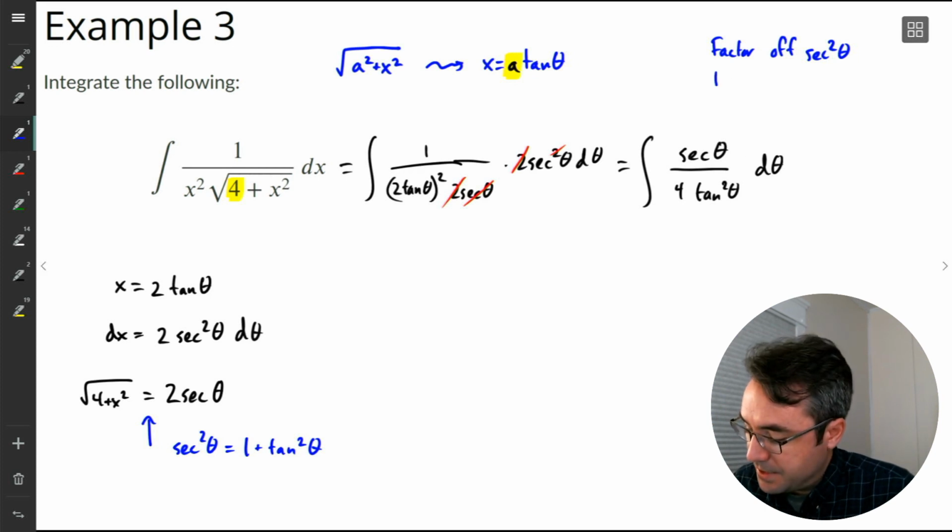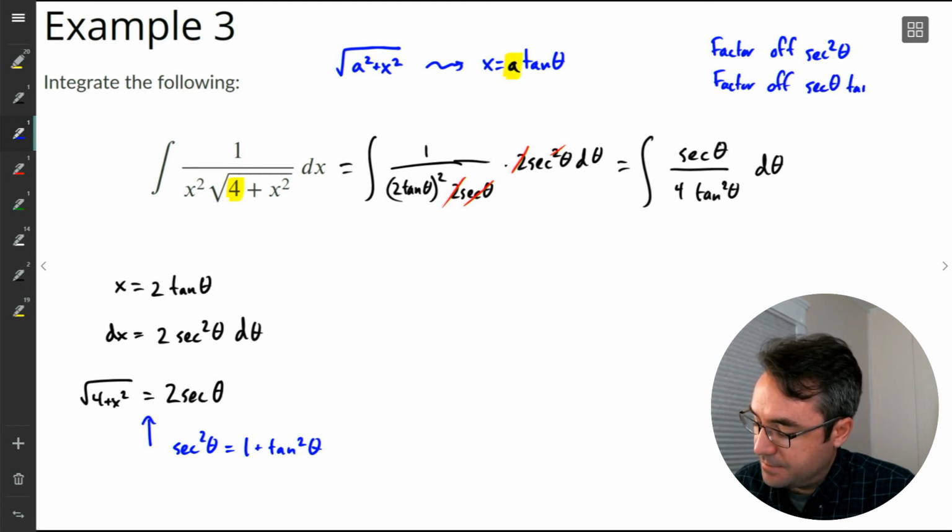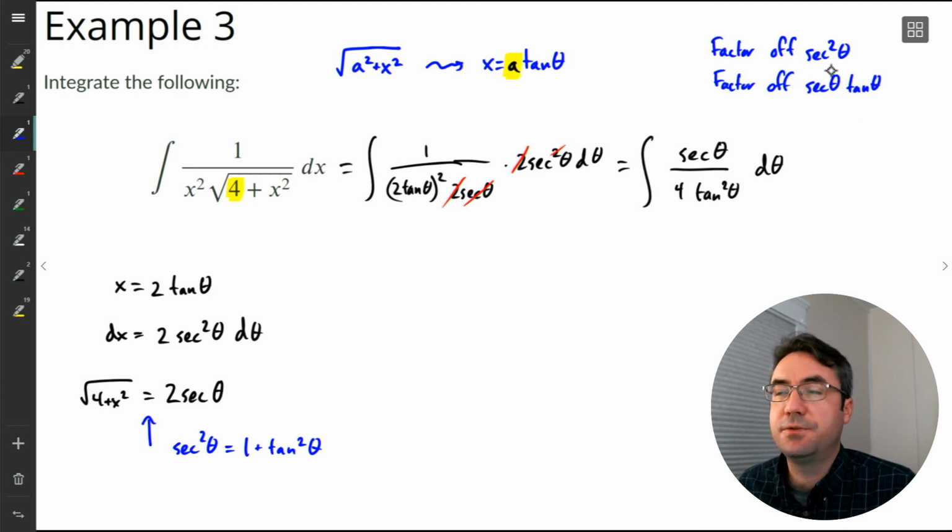And the other choice is, could we factor off a secant theta times tan theta? That's how we generally handle these. These are our two things we're looking for. Can we factor off a secant squared, or can we factor off a secant theta tan theta? And we can't do that one either because we only have a secant in the numerator. So none of our usual strategies for powers of secant and tan are going to work here.